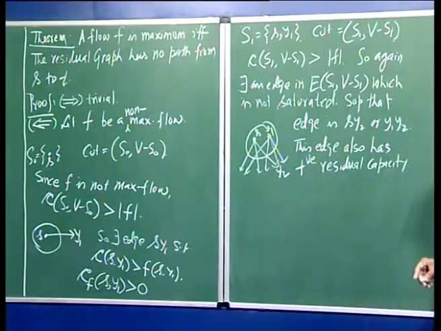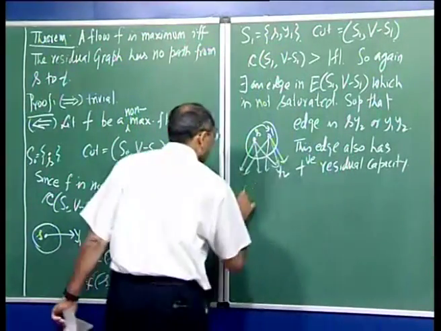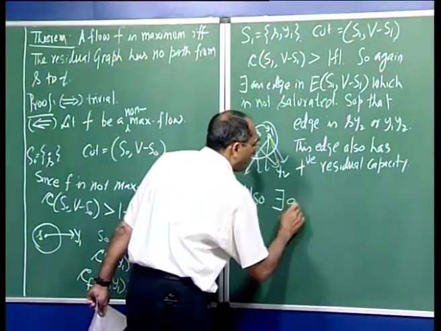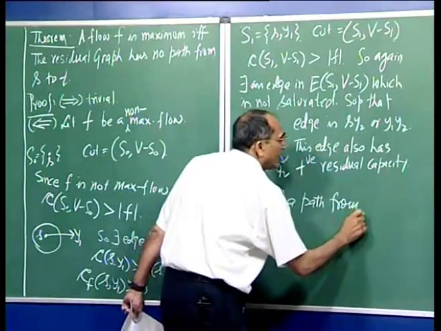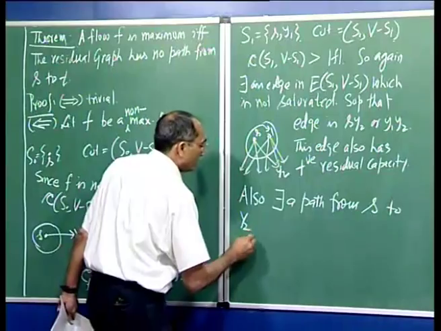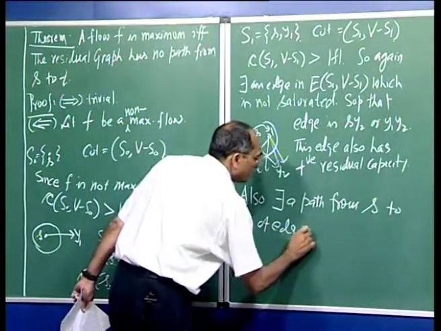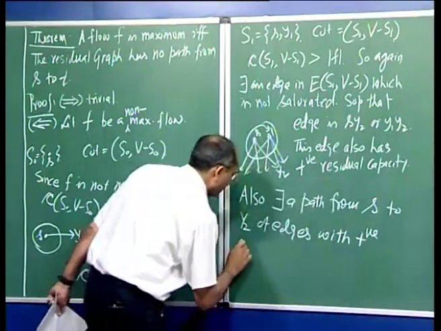What is more, I also know there exists a path from S to Y2 of edges with positive residual capacity.